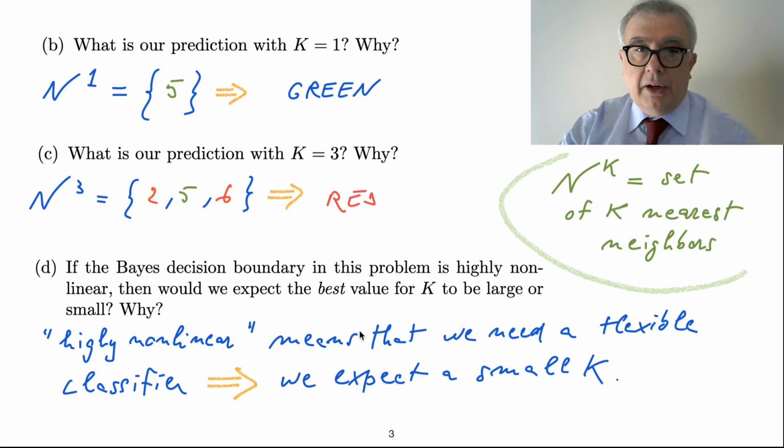Okay. Now, what is our prediction with one nearest neighbor? This means that I have to find the observation that is closest to my x, and my x is 0, 0, 0, and then I will label the new point using the label of the nearest neighbor.